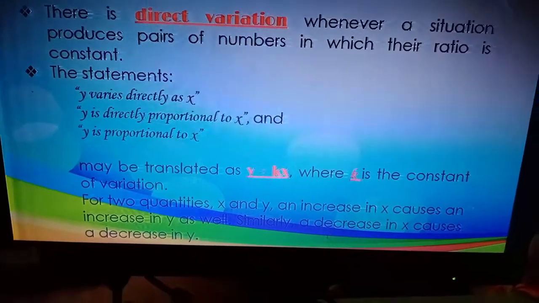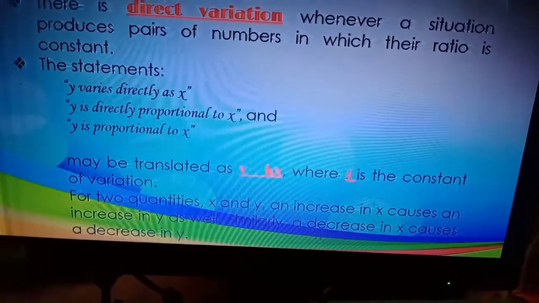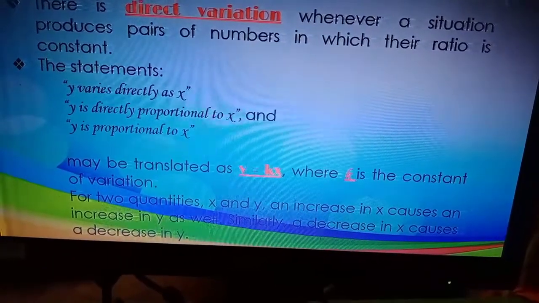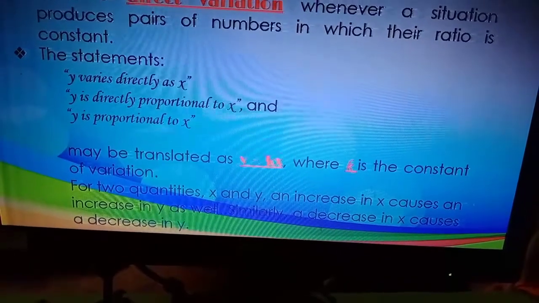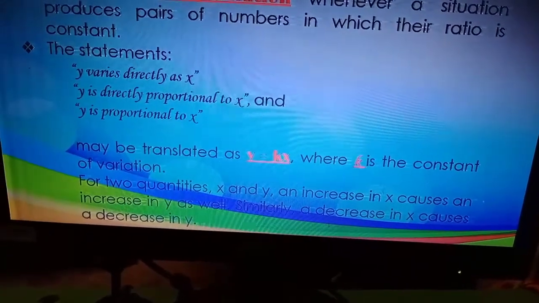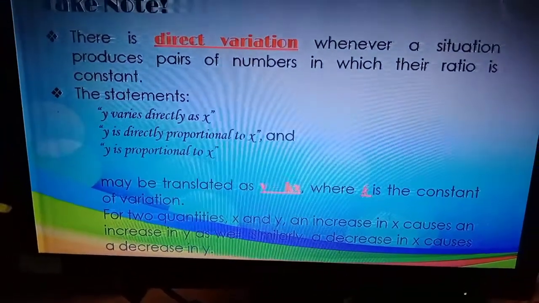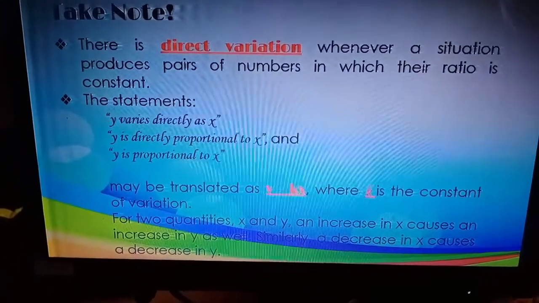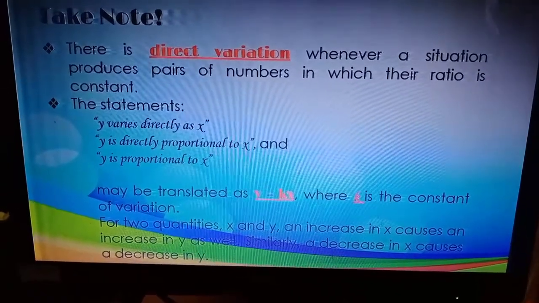In a direct variation for two quantities x and y, an increase in x causes an increase in y. Similarly, a decrease in x causes a decrease in y as well. Just earlier we were asked what will happen to the points if the number of kilograms is doubled.